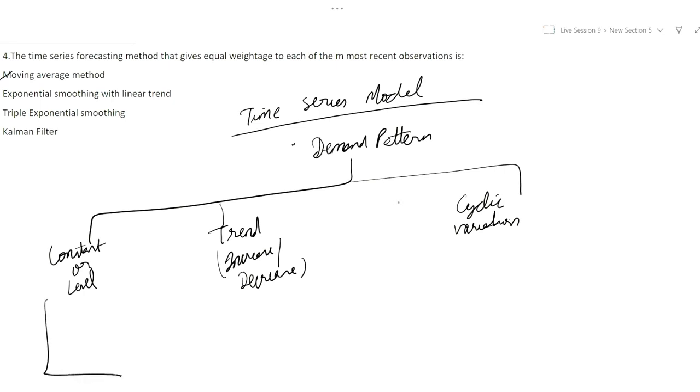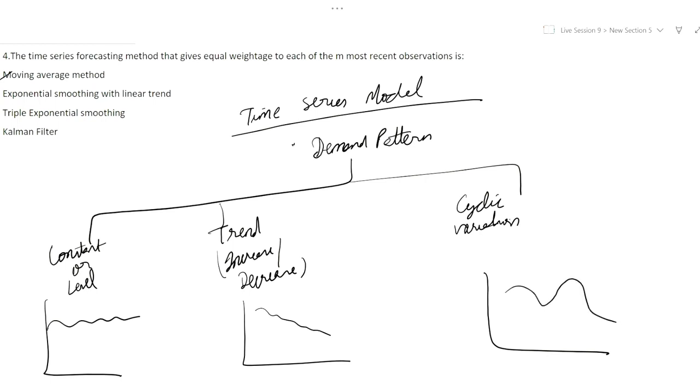Suppose I put it in graphical form, it will be like this. Just a rough example, this is the demand, and this is the time.